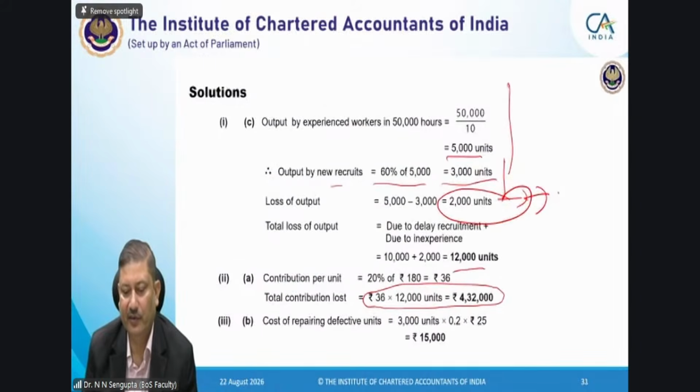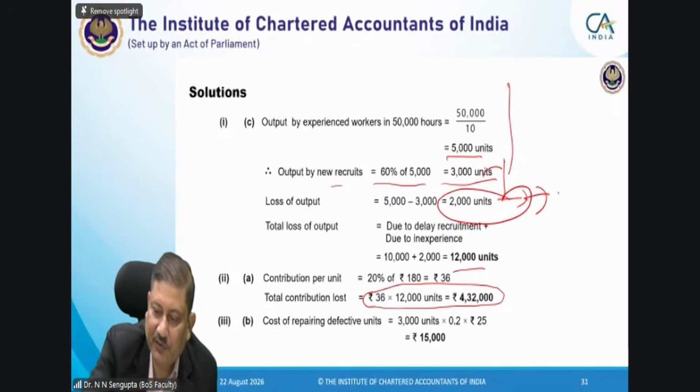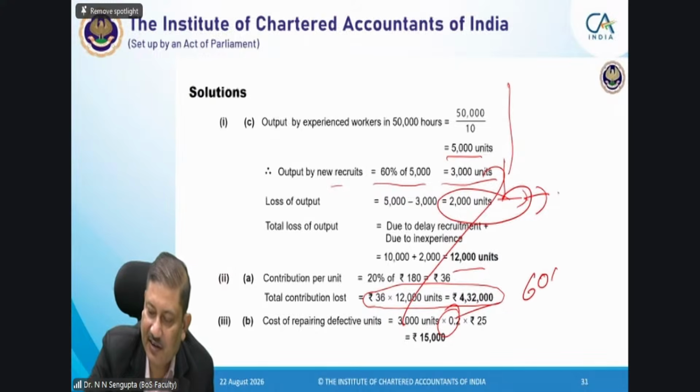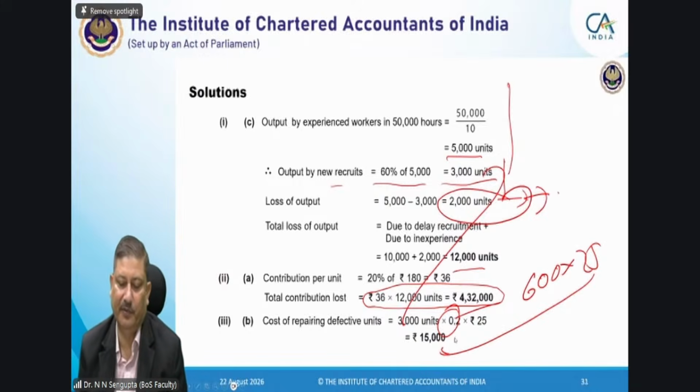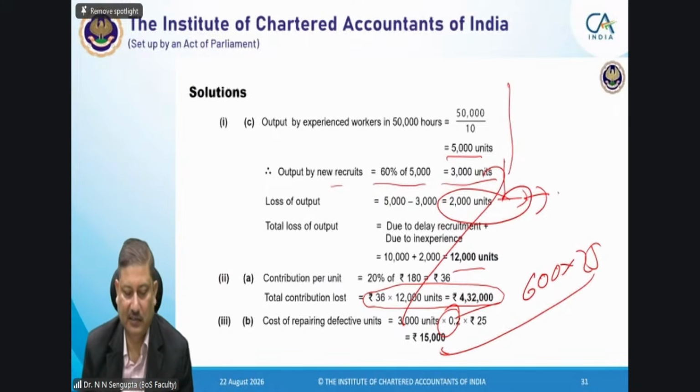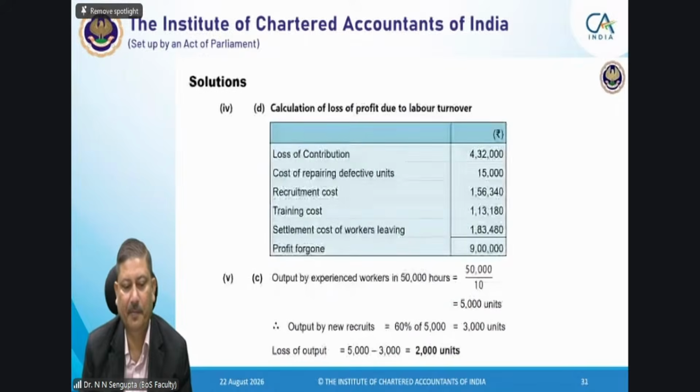So 3,000 units into 20%. New recruits have produced 3,000 units, you can see it from here. 20% of that means 600, into 25. So that will be 15,000. So the cost of repairing defective units will be 15,000. That will be the third answer, that is B.